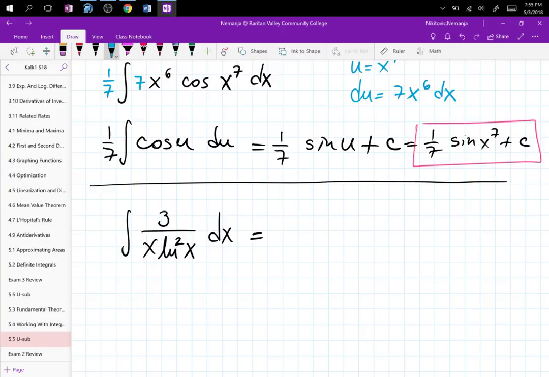There we go, 1 over x. Very good. Because the derivative of ln x is 1 over x. That is the thing that you have to pick up. Here, I'll write it in blood: the derivative of ln x is 1 over x. Do you have 1 over x? Sure, it's right here. Do you have ln x? Sure, it's right here. Yeah, I know there's a 3 and a square and all that stuff. You can ignore that.